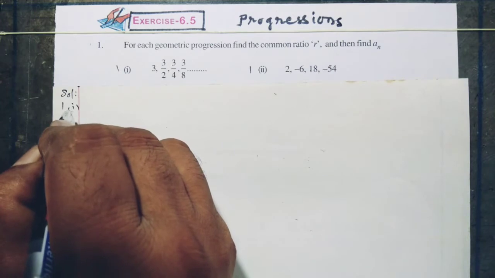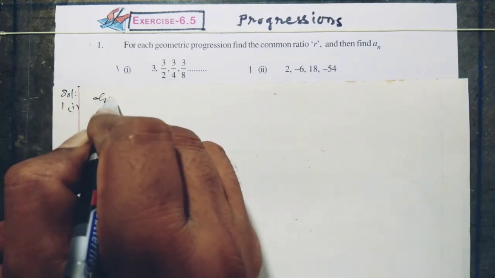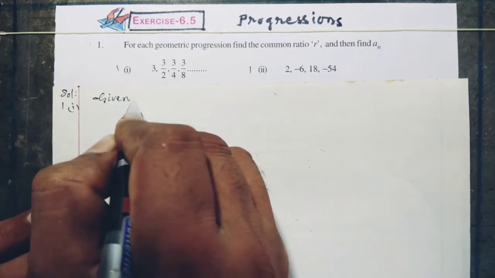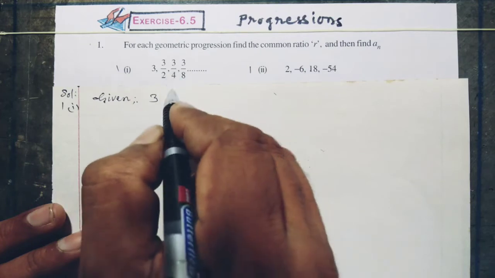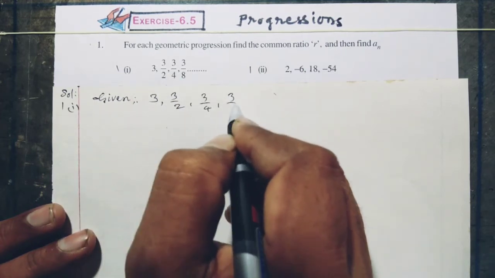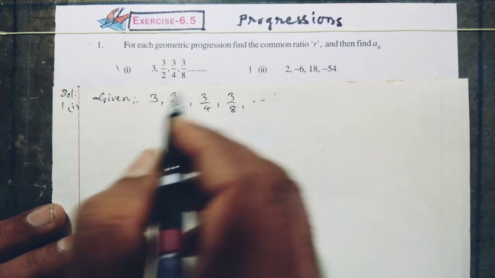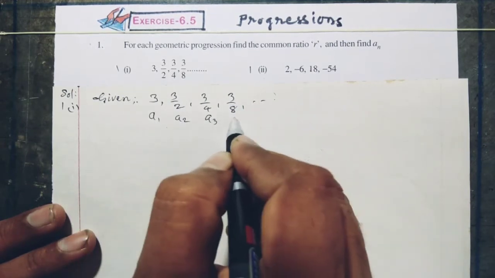Solution for first bit, first problem, given 3, 3 by 2, 3 by 4, 3 by 8 and so on. These are terms A1, A2, A3, A4.